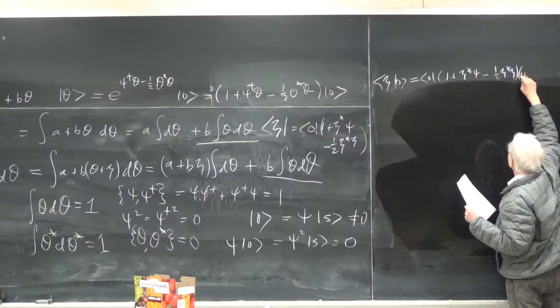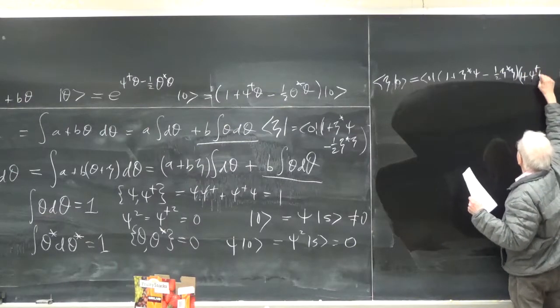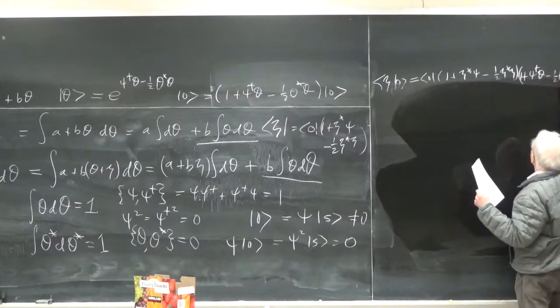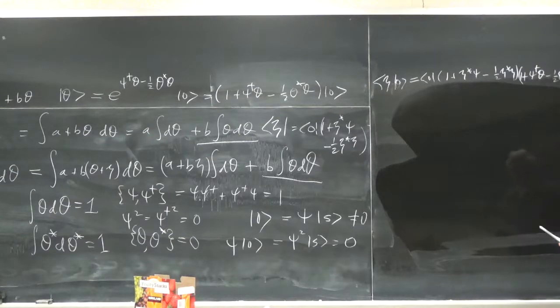And so this is 1 plus psi dagger theta minus a half theta star theta 0. Boy, it's taking that board a while to dry.